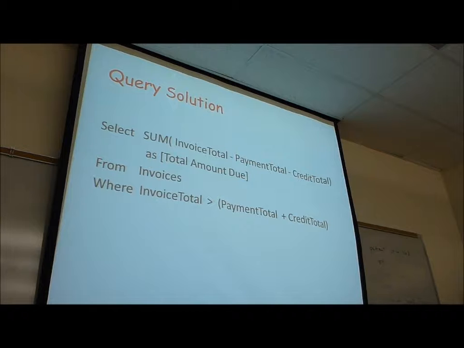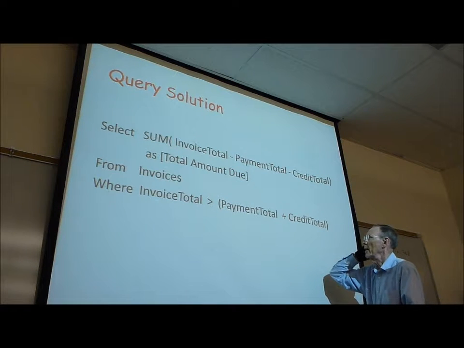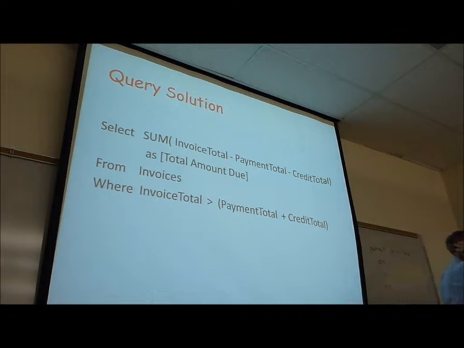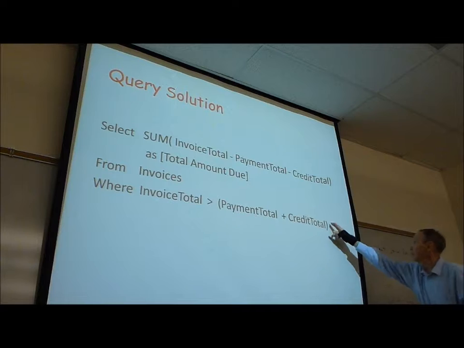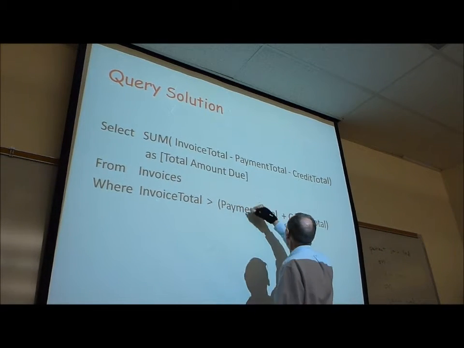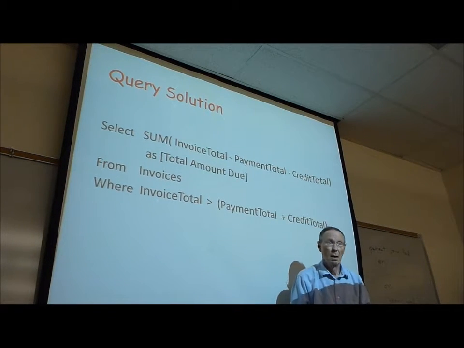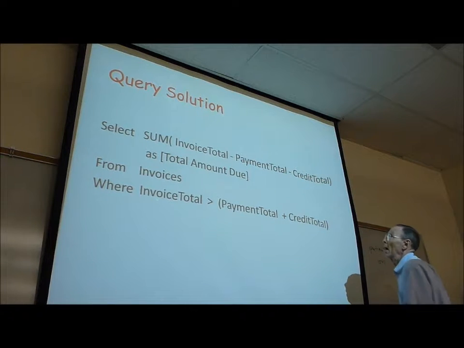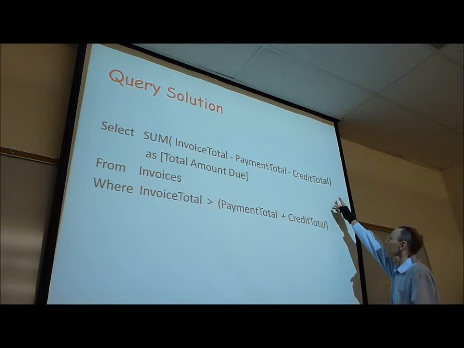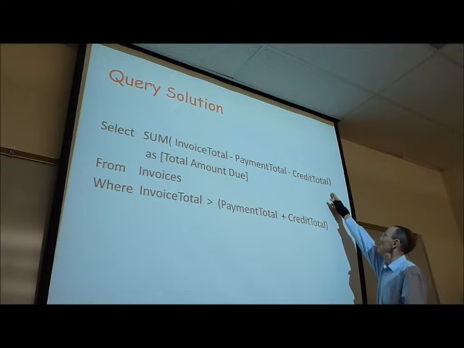I just do it for my visual, because otherwise I'm going to look there and wonder, is that invoice greater than payment total, then plus? Well, that wouldn't make any sense. Her question is, why do I put the parentheses around here and not up here? There's not an additional set of parentheses.